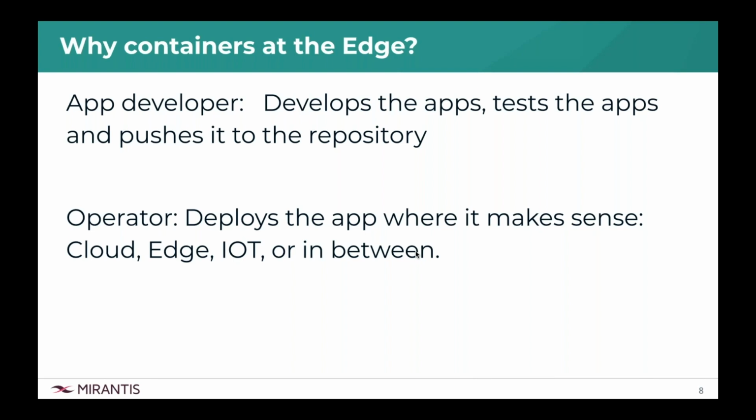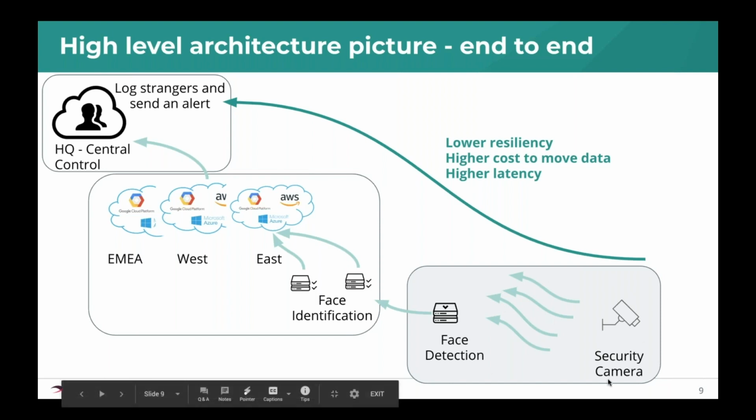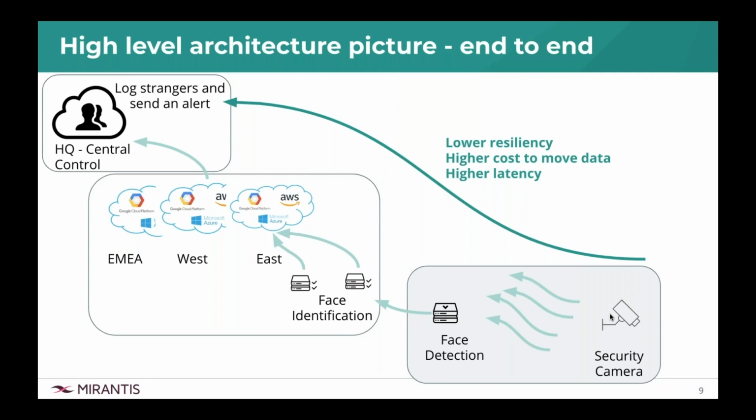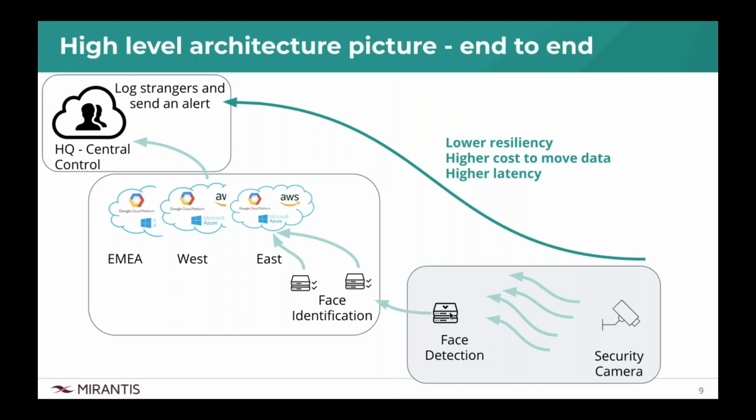All right. So if we were to translate that to this demo app, here's what I've got. We've got the camera that streams to a container that does the face detection, and if it finds any faces, it sends them to a Kubernetes cluster that I've got running, in this case, on Google Cloud, and it does the identification.